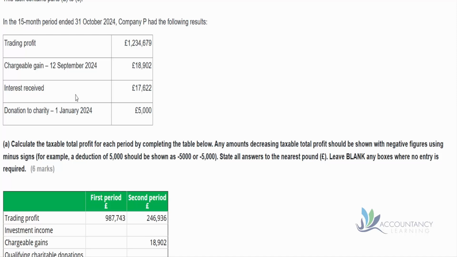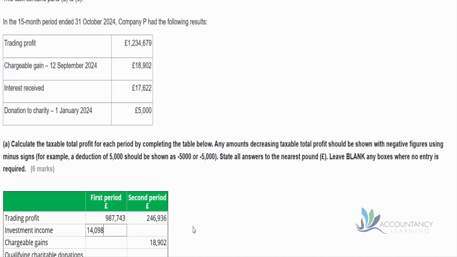Next then, we have the interest received. Interest received needs to be accrued evenly because we'd be earning that interest over time. So we also need to recognise that over time in the appropriate periods. If we take the 17,622, divide by 15 and multiply by 12, we get income of 14,098.